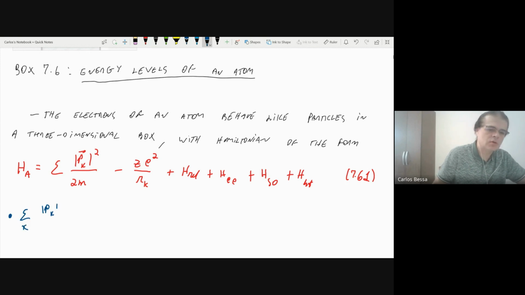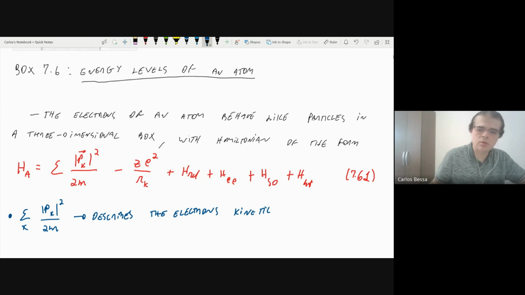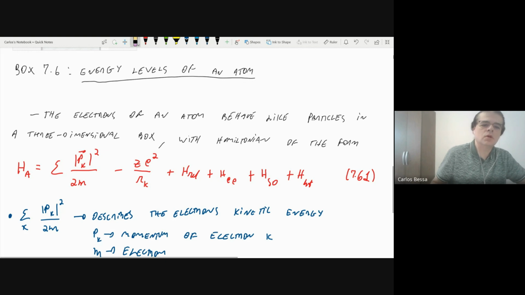This term describes the electrons' kinetic energy, where p_k is the momentum of electron k, and m is the electron mass.